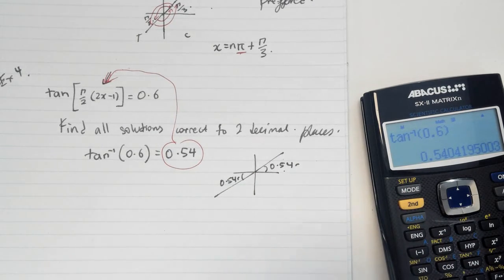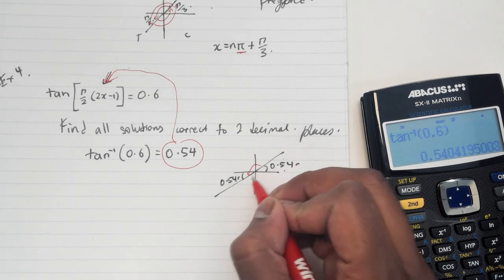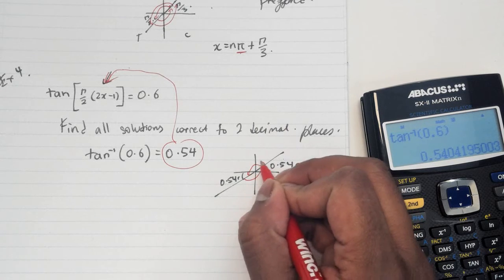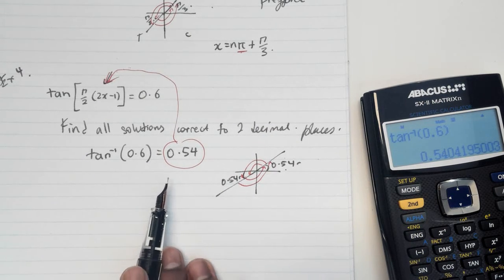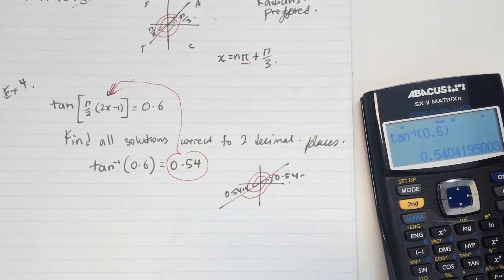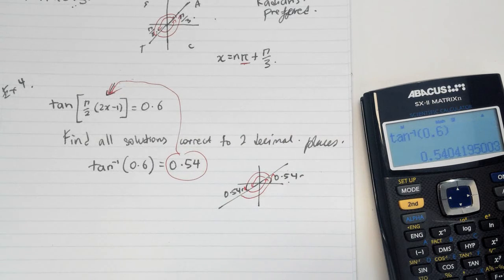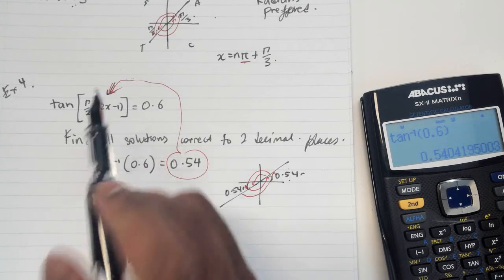So obviously we want our solutions to be like that, and then we keep going. That would be very easy. We just pop that into there like how we did our last question, and we would solve. But of course x is a little bit complicated now because we've got that in there.